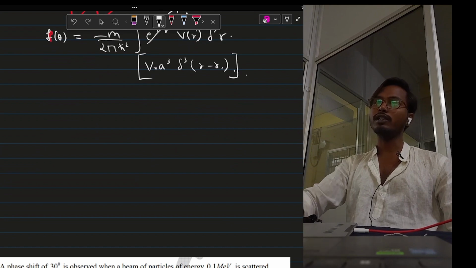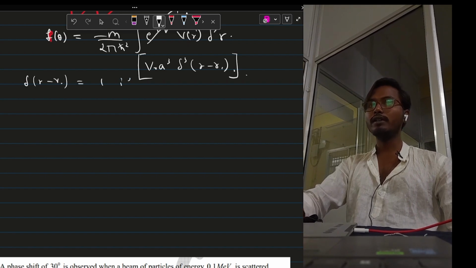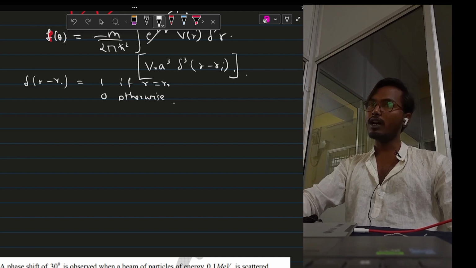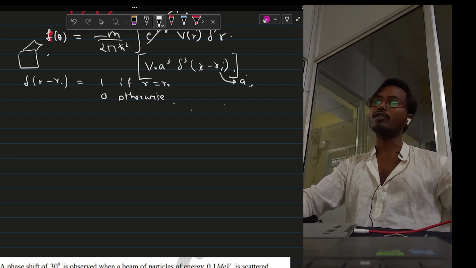Dirac delta of R minus R naught is 1 if R equals R naught and 0 otherwise. For the cube, if R equals A, because we are taking a cube of side A, then this term will be 1. This will be the case for every single corner.